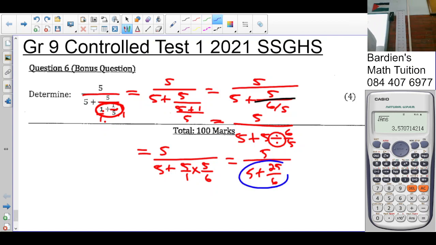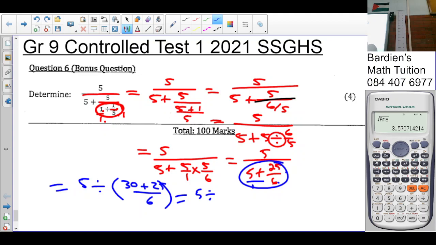Now I can go with this part, which is 5 divided by, what's the LCM there? 6. It's going to be 30 plus 25 over 6. Equals 5 divided by 55 over 6.